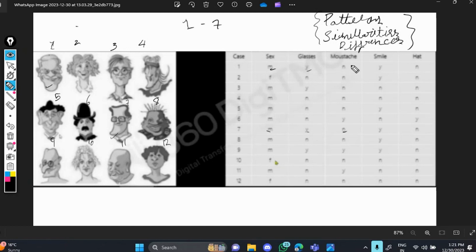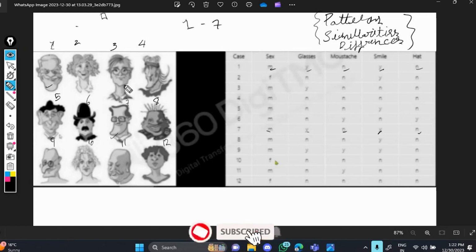Not, false. Smiling or not? True, they are smiling. Hat? No. So we can say that they have some similarities, right? So they can be paired up in a cluster. This is our one cluster.